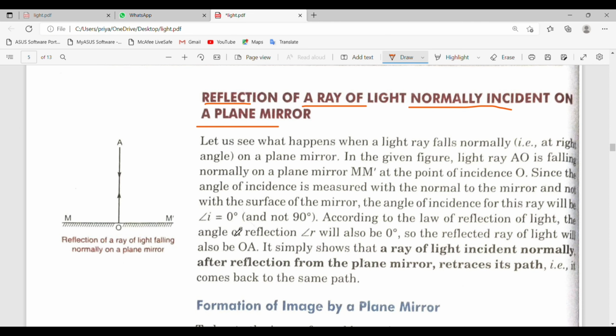Here they have given you the condition that the angle of incidence is 0. When the angle of incidence is 0, it means the angle of reflection will also be 0, right? Because this is the first law of reflection. According to the first law of reflection, the angle of incidence is 0, so the angle of reflection will also be 0, because the angle of incidence is always equal to the angle of reflection.